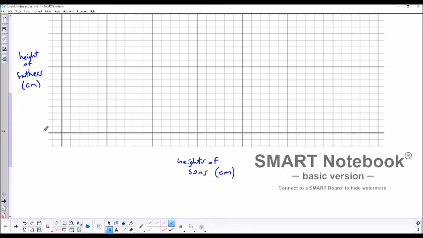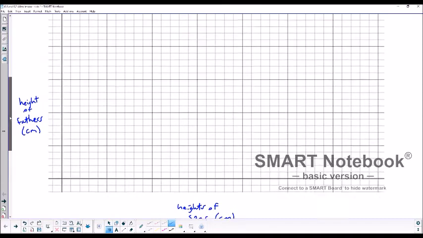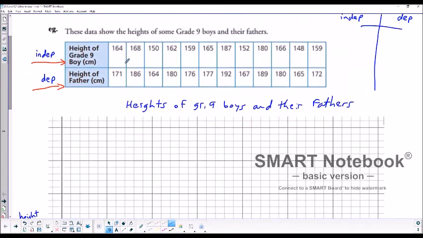Okay, and so now here's the tricky thing about using scatter plots. Notice that these values aren't increasing in any sort of consistent fashion at all.